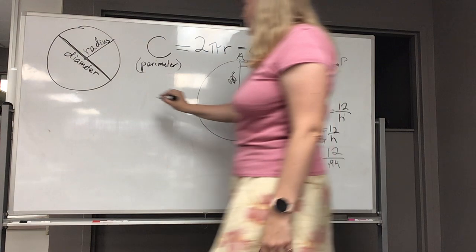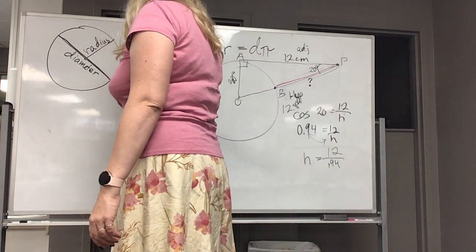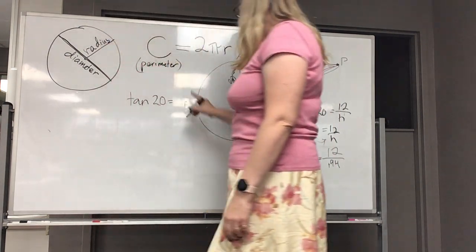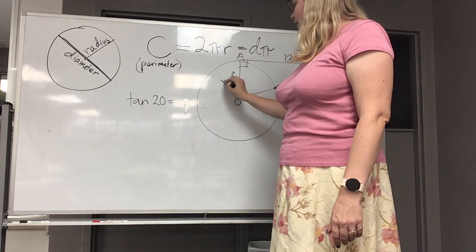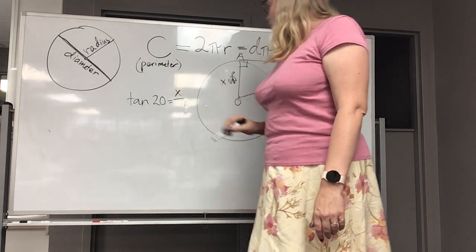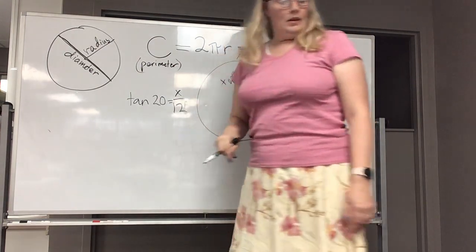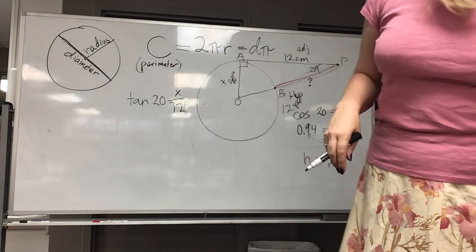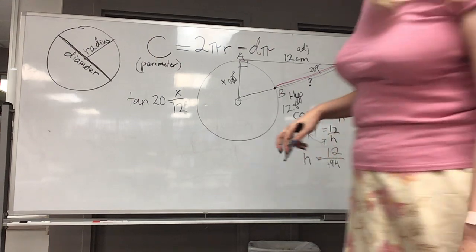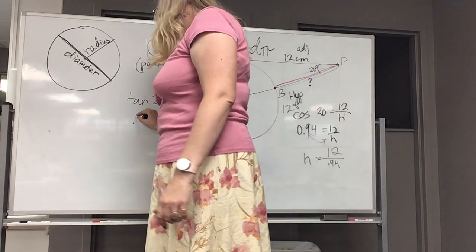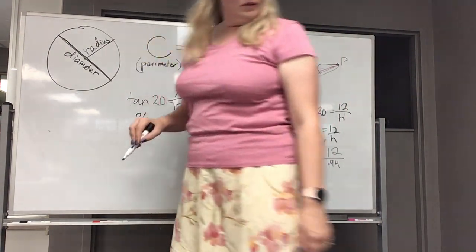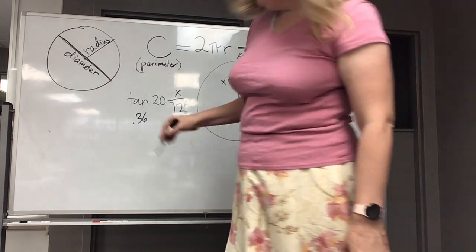So I'm going to say, okay, the tangent of 20 equals my opposite, I'm going to call it x, over my adjacent, which is 12. Tangent of 20, again, you can use the calculator, but you can also use the number they gave you. This is 0.364.